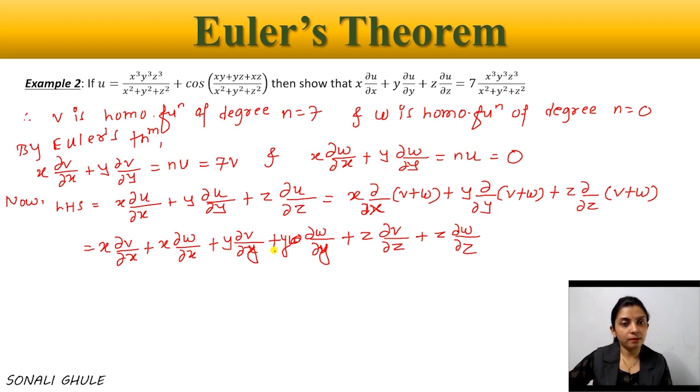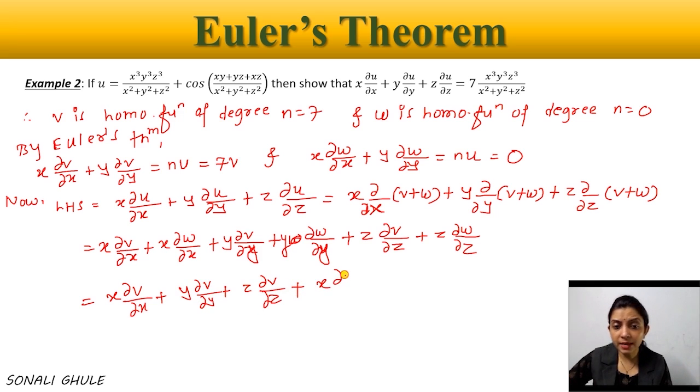So v and w we are going to separate. So I can write here x ∂v/∂x plus y ∂v/∂y plus z ∂v/∂z plus x ∂w/∂x plus y ∂w/∂y plus z ∂w/∂z.